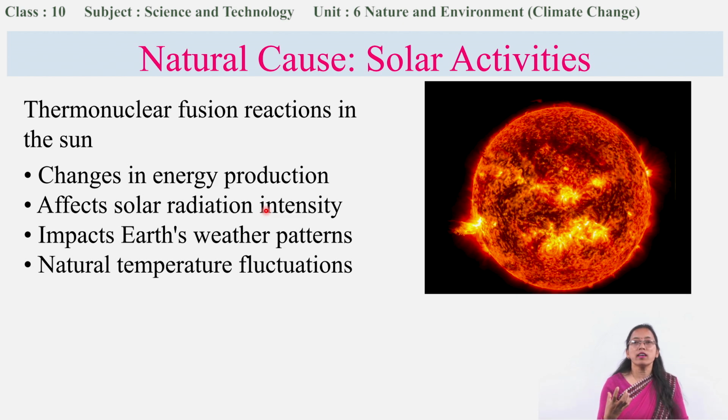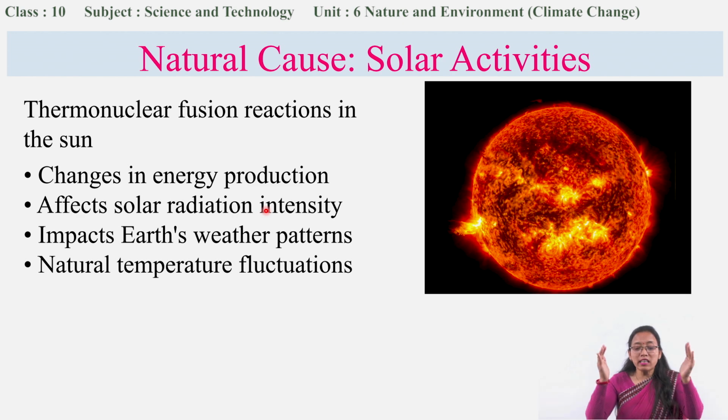The earth decides its temperature by how much energy it receives from the sun. If more energy is received from the sun, the temperature will increase. If less energy is absorbed from the sun, what happens? The temperature will be low. Similarly, in the equator region, the temperature is very high because direct sunlight falls on that region.